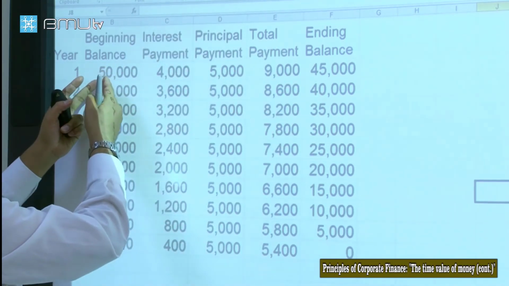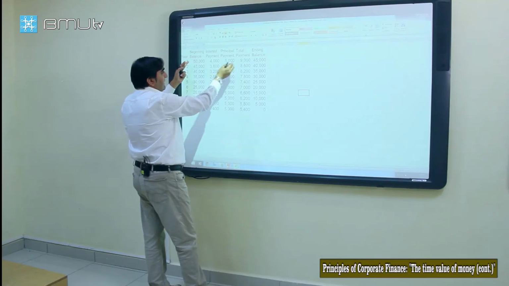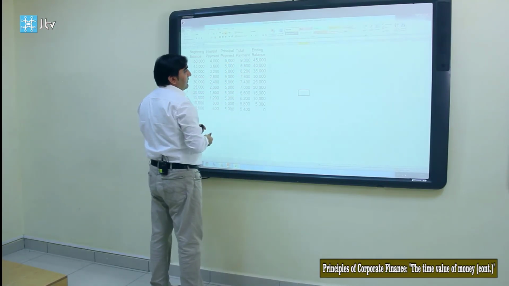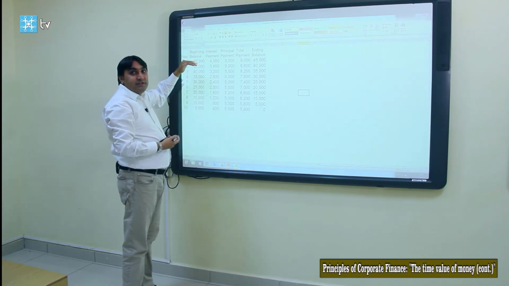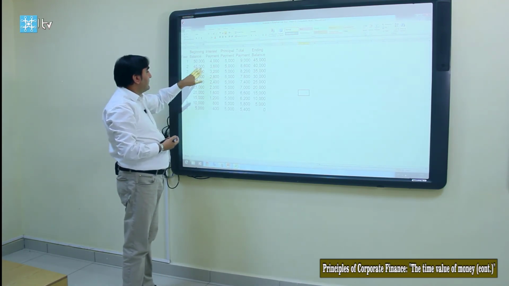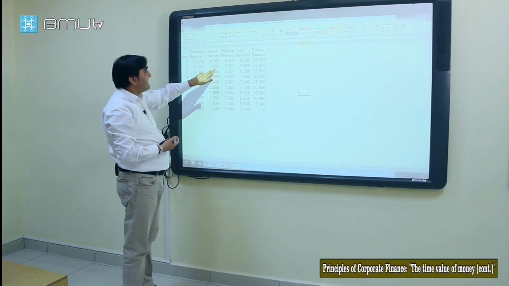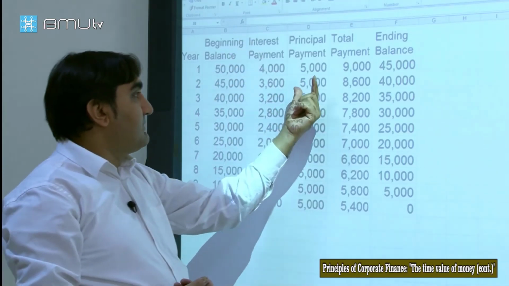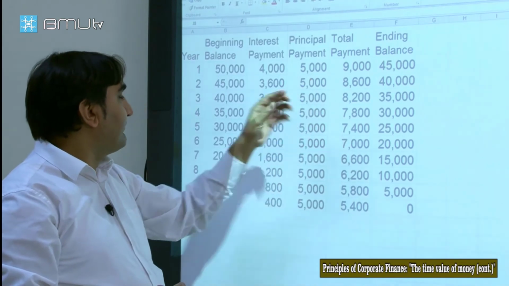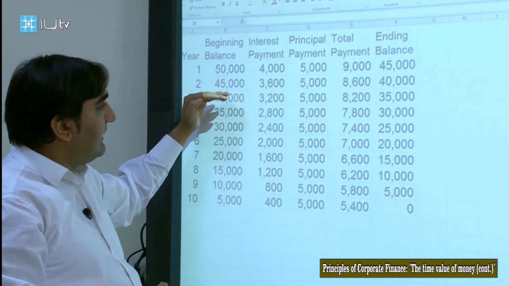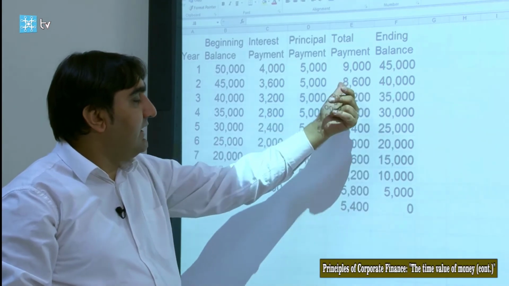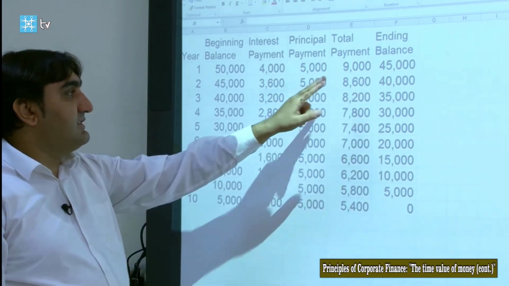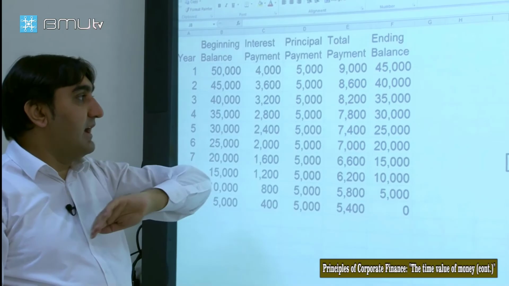We have 50,000 at the beginning. We paid 5,000. The remaining balance is 45,000, and again, interest is 8%. 8% of this amount is 3.6 thousand, and we pay principal 5,000 from 45,000. Ending balance is 40,000, and total payment is 8.6 thousand.